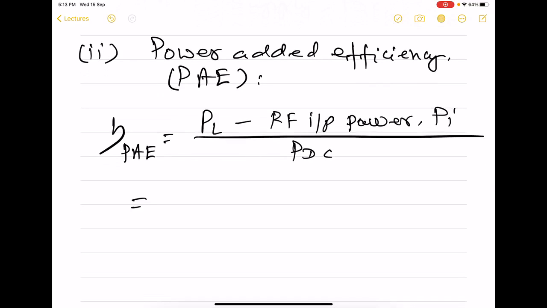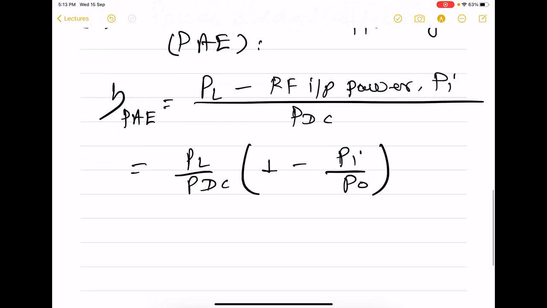So here this can be manipulated. What we see here is PL by PDC. So this then becomes 1 minus PI by PO.